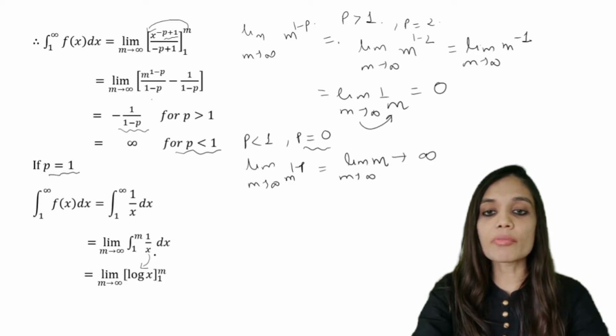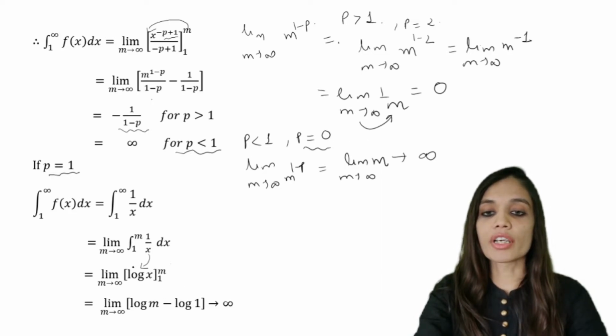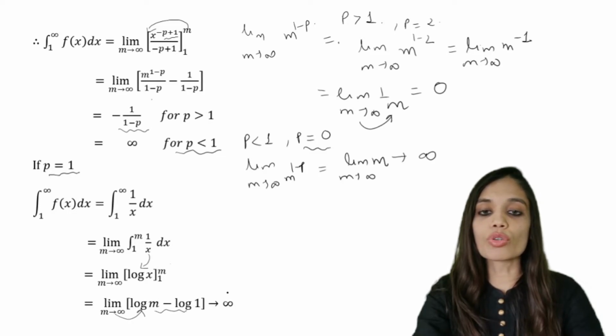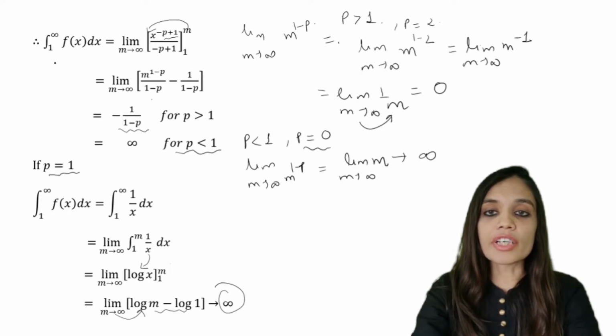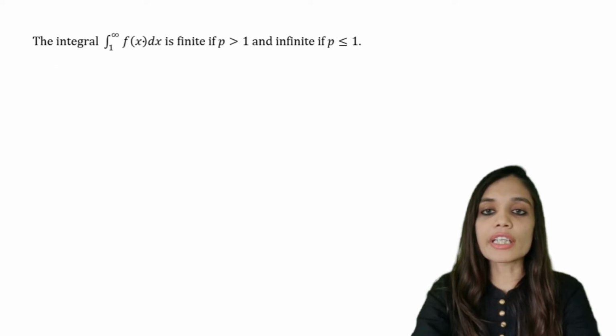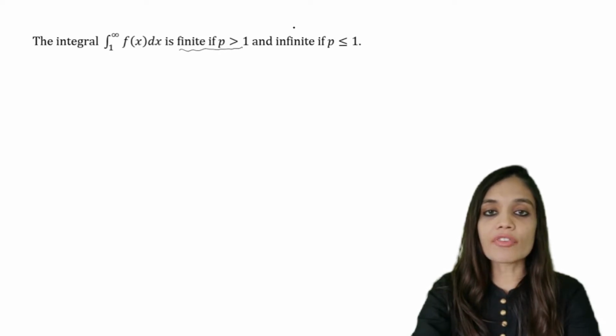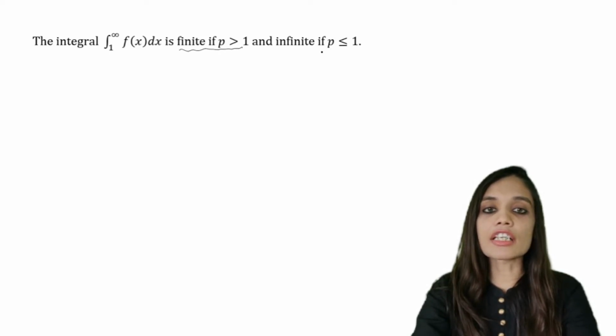Log x, and your limits are 1 to m. Now start putting the limits. So you will get limit m tends to infinity of log m minus log 1. Now as m tends to infinity, the whole term will go to infinity. So from here you can see that our integration 1 to infinity of f of x dx is finite for p greater than 1 and infinite if p is less than or equal to 1.